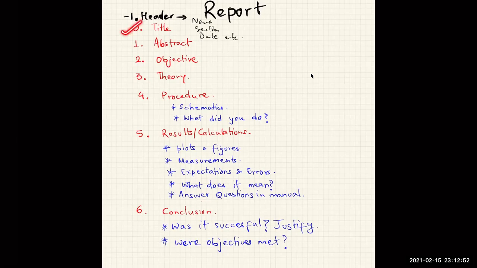Okay, but you need a title, you need an abstract, an objective, a theory section, which goes over the theory necessary to understand the discussions in this lab report. And particularly, you want to include equations that you can reference in your results and calculations sections.